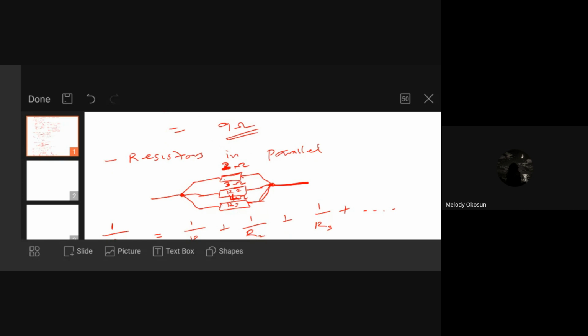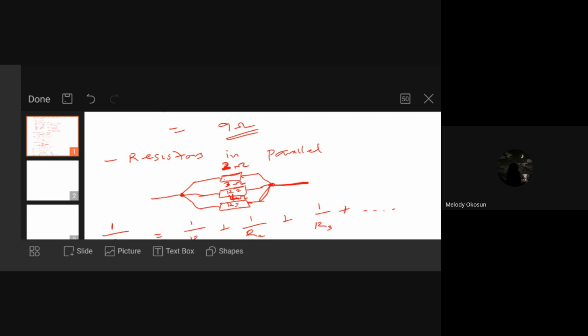All right. Now, take note that if resistors are connected in series, the current flowing through the resistors is the same. Don't forget that. Once they are in series, the same amount of current that flows through resistor A flows through B and C. But when they are in parallel, each resistor has its own current.